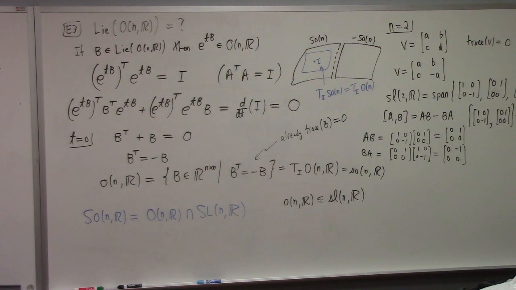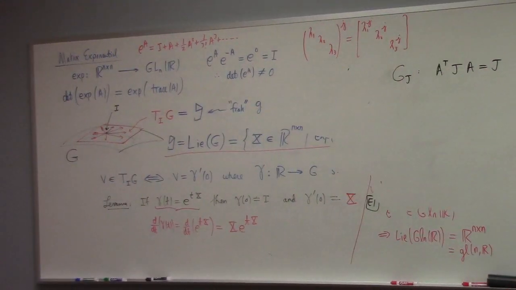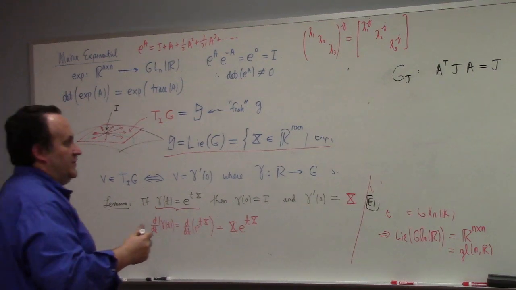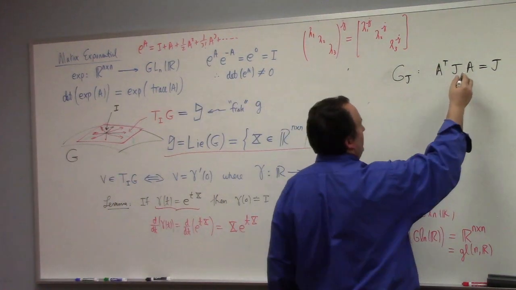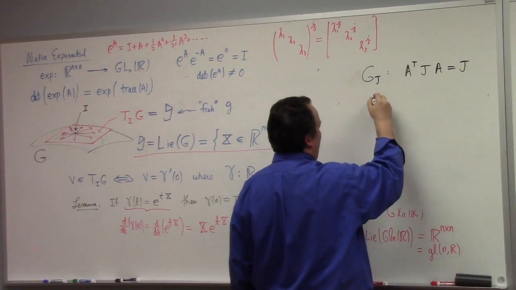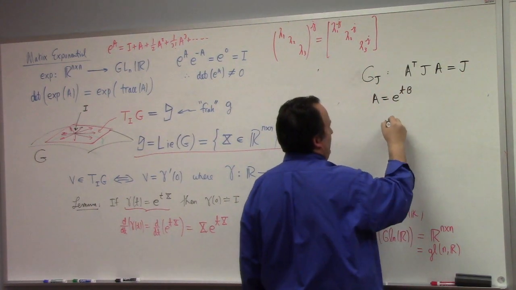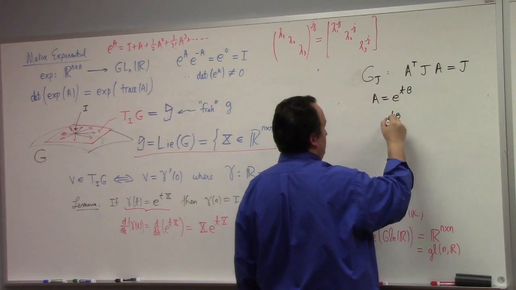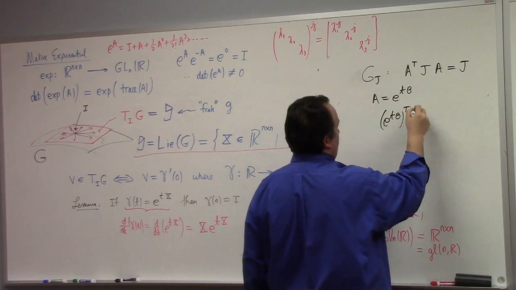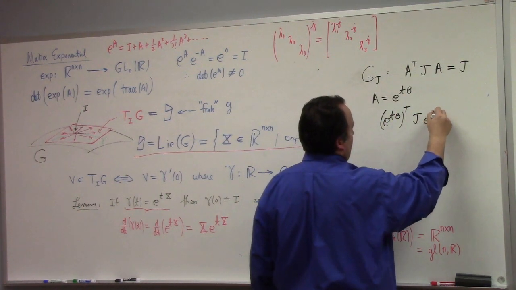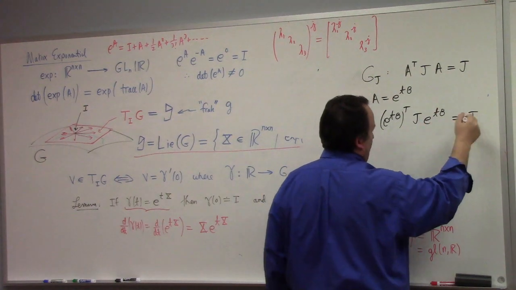If I just get straight to the critical calculation, we have what? If we put A equal to e to the TB, you get e to the TB transpose J e to the TB equal to J.